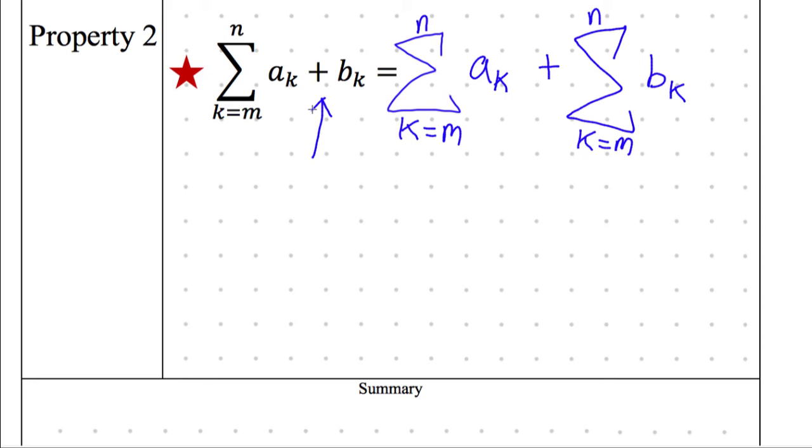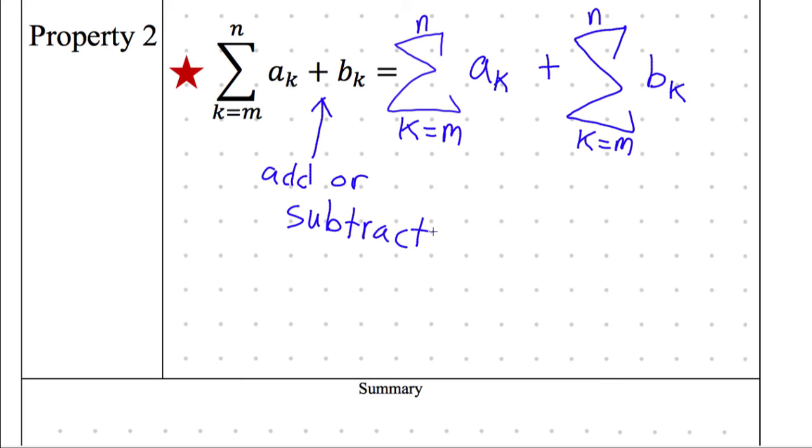The key thing here is these were adding or subtracting. This can be add or subtract. So when you're adding or subtracting, turn it into two different problems. You can also factor out something. Those are our two rules. Those need to be in your notes.